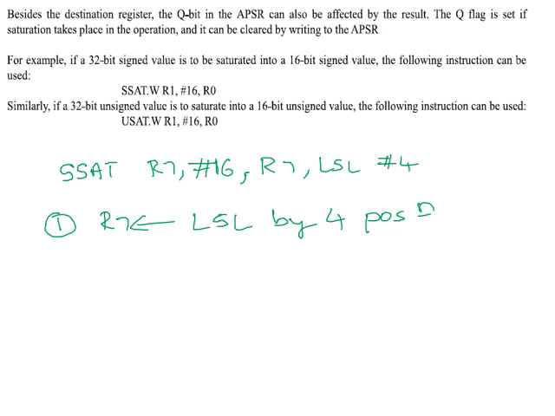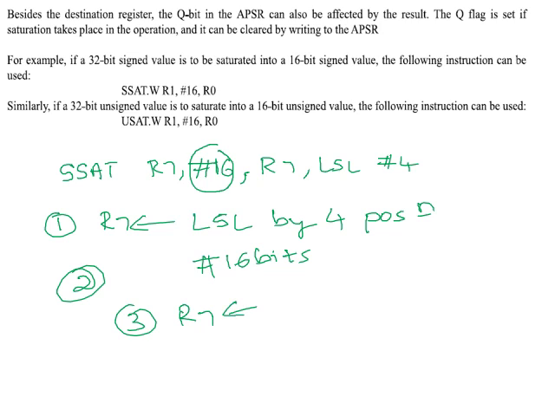Then it will be saturated, and the saturation value here is 16 bits. That is the second step, and that value will be written back into R7. So R7 is 16 bit, and it is also left shifted by 4 positions. Okay, so this is how it is done.